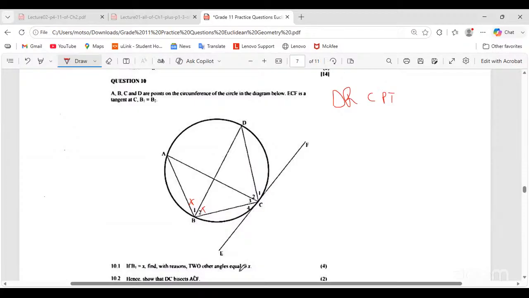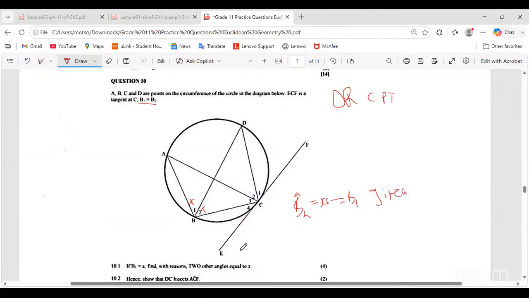So the first one, you will say angle B2 is equal to X as well, equal to B1. Why do we say this? We were given it there in the statement. The reason is given, right?